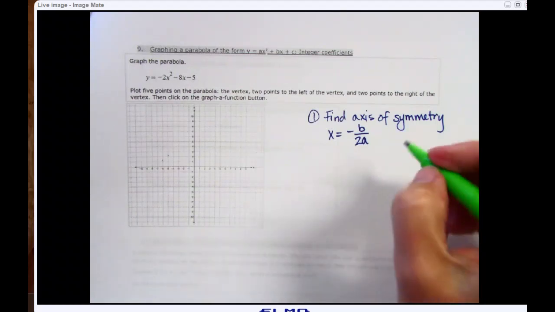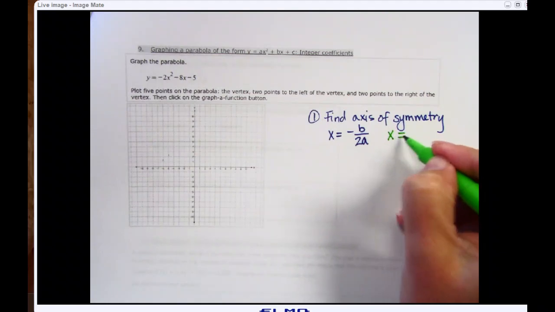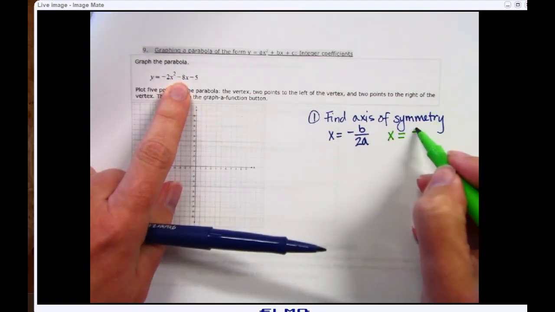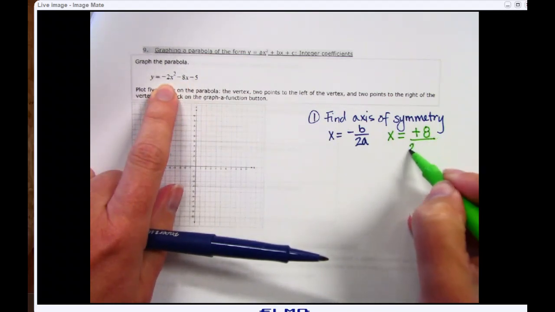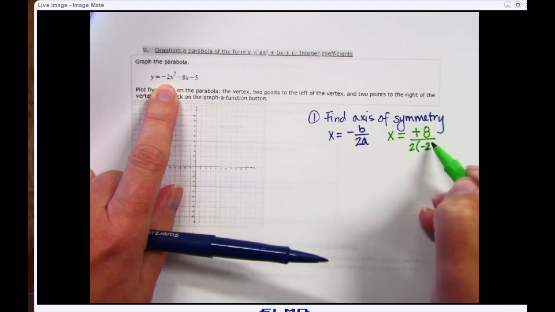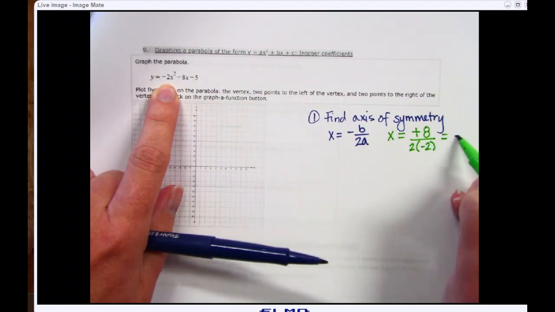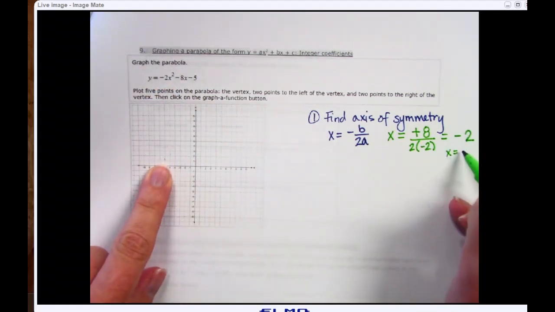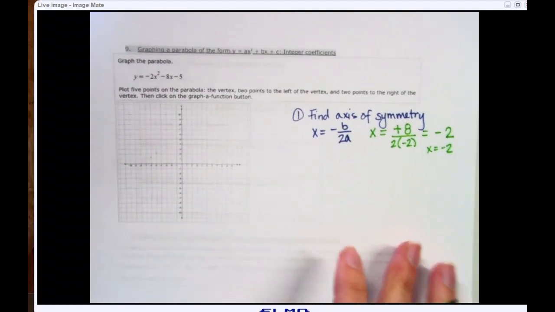So in this case, x equals negative 8 over 2 times negative 2, which is 8 divided by negative 4, which is negative 2. So we've got x equals negative 2. Now, you do not need to graph the axis of symmetry in ALEX.